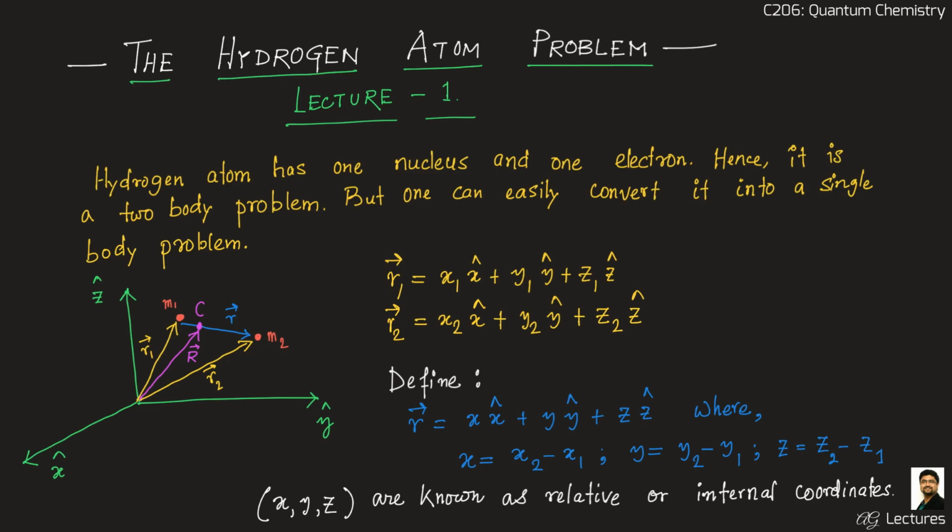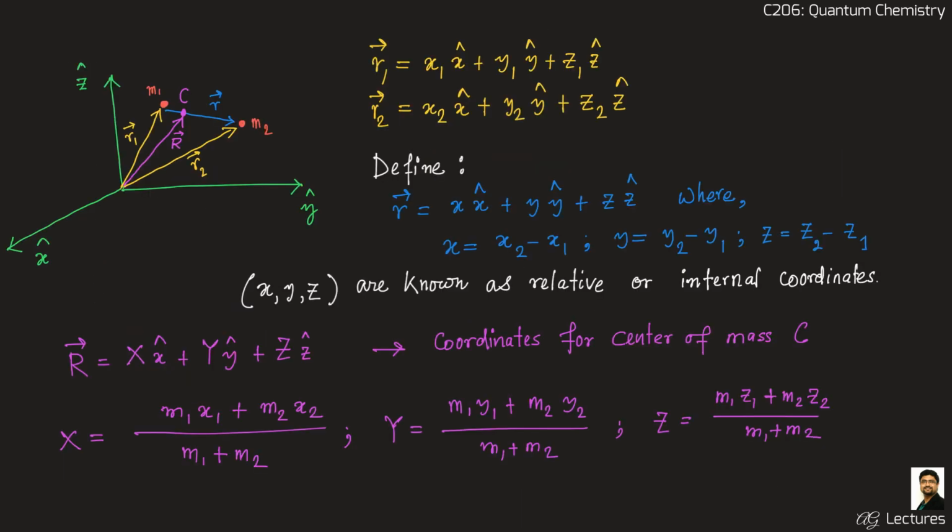It means that this x, y, and z, they represent the distance between the particles. That is why this x, y, z coordinates are known as the relative or internal coordinates. So this vector small r, or rather its magnitude, is the distance or the separation between the two particles.